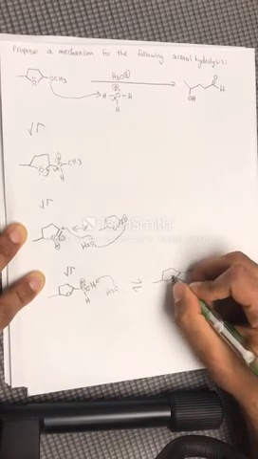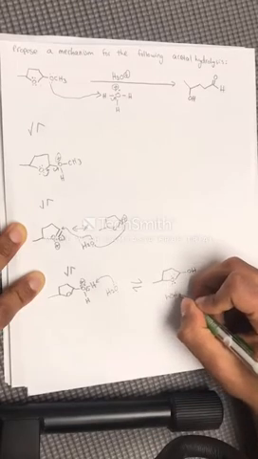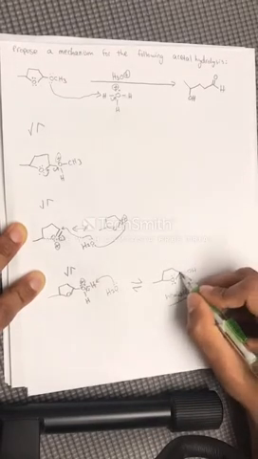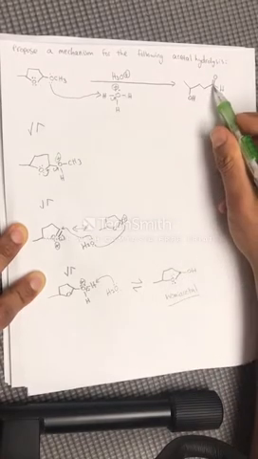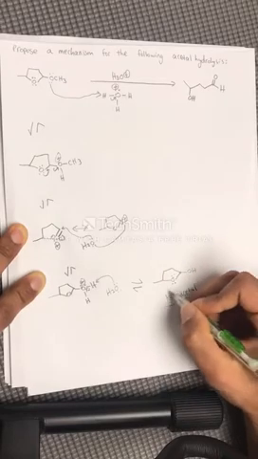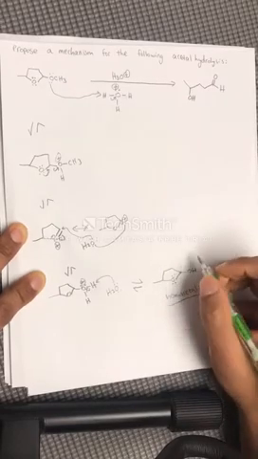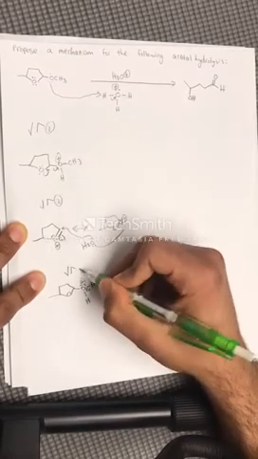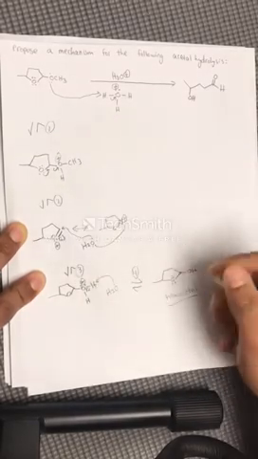And now you have your hemiacetal. That means you're halfway there. This carbon, the carbon of the carbonyl, has an OH and an OR group. That's why you know it's a hemiacetal. So if we were to label the number of steps, 1, 2, 3, 4.